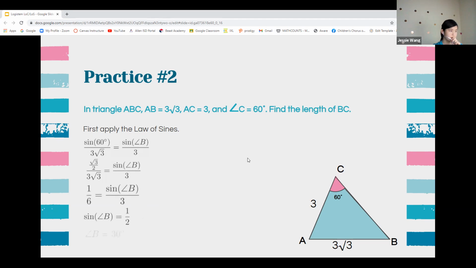And so we know that angle B has to be 30. Angle B could also be 150 degrees, but since ABC is a triangle, that wouldn't work since 60 plus 150 is greater than 180. Since angle B is 30 degrees, we know angle A is a right angle, even though the diagram doesn't look like it.